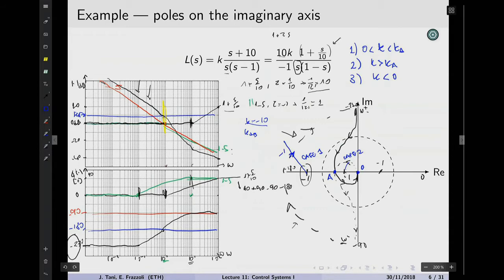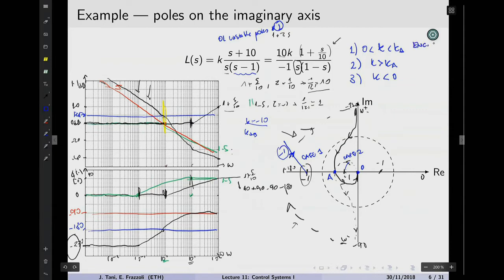Our system, how many unstable open loop poles does it have? Well, S-1 means the pole is S equal to 1. 1 is a positive real part, so it's an unstable open loop pole. So the open loop unstable poles are in R1. In this case, we have -1 encirclement.